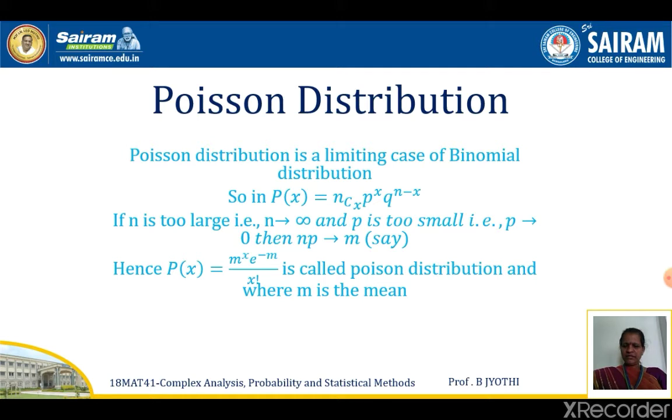Then p of x is given by m power x into e power minus m by x factorial, which is called the Poisson distribution, where m is the mean.